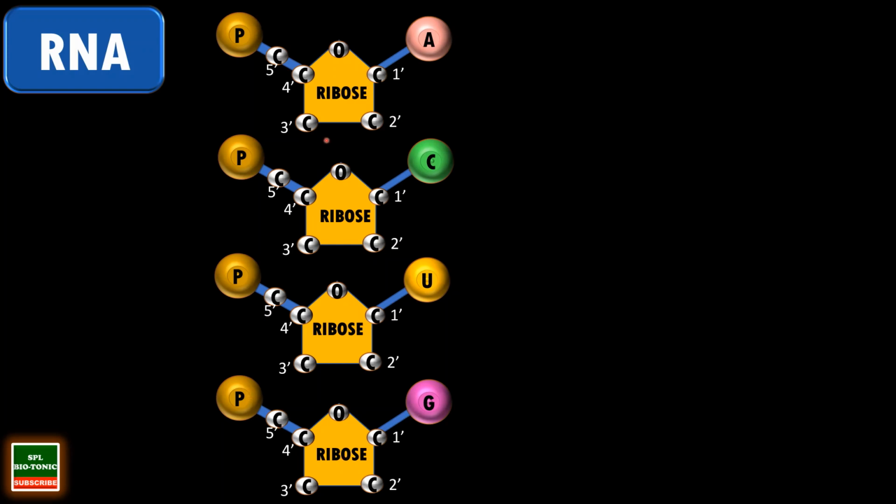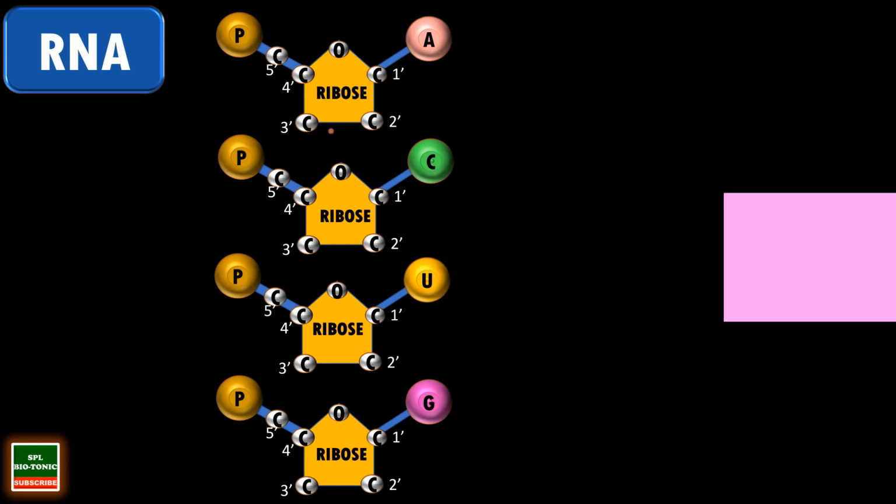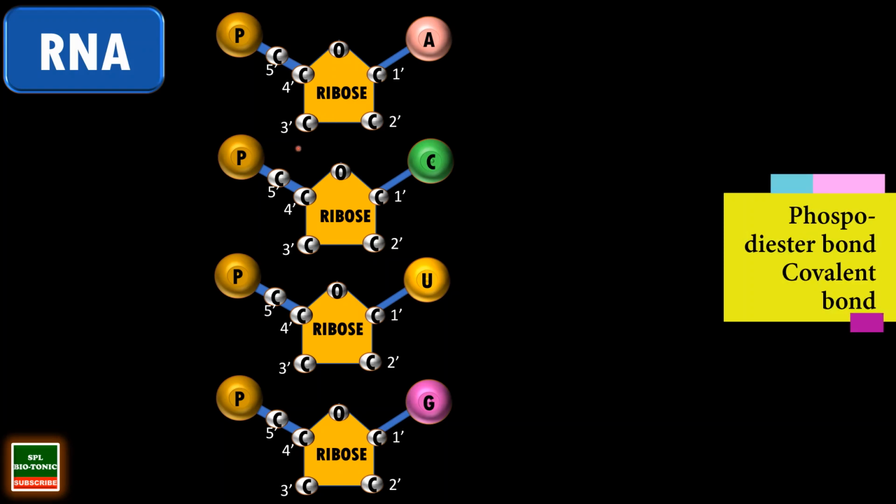Now, the second nucleotide, that is cytidine monophosphate, is attached to the first one by using phosphodiester bond. Now, these are a covalent bond which are not easy to break. Now, the third nucleotide is added to the second one by using this phosphodiester bond. Fourth nucleotide is attached to third one by using this phosphodiester bond.